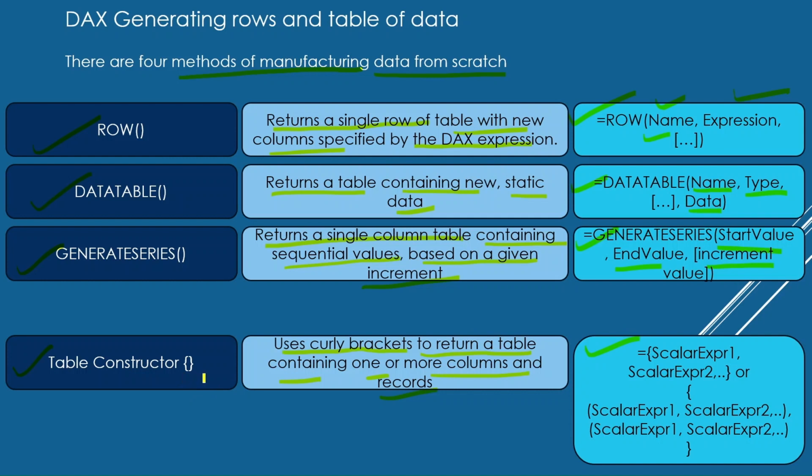This is the table constructor syntax. In this we are just giving scalar expression 1 and scalar expression 2, like this. Then scalar expression 1, scalar expression 2, scalar expression 1, scalar expression 2. So this is the signature of the table constructor.